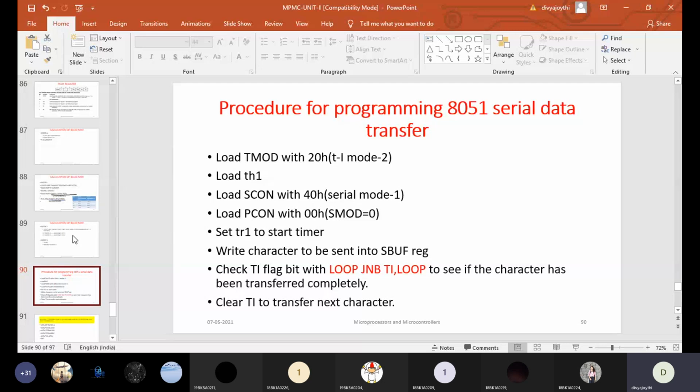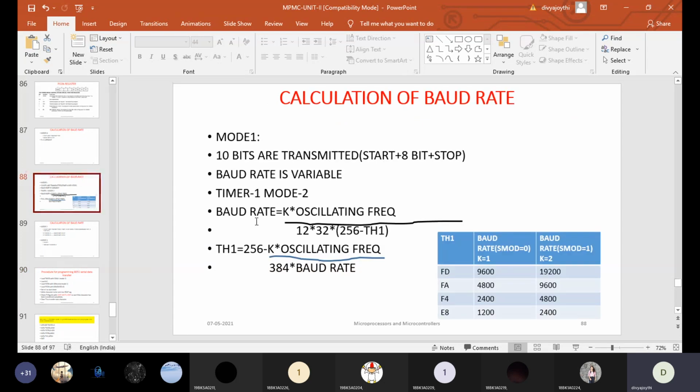So that is how the TMOD register is loaded with 20h, and then you need to load TH1, that is, the higher byte of timer 1. Who will help us to load this TH1? This particular table will help us. These will be the baud rates.